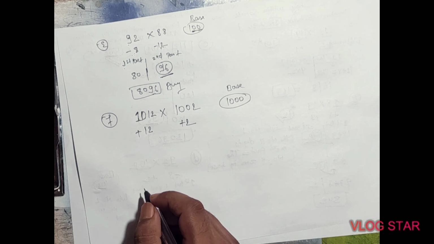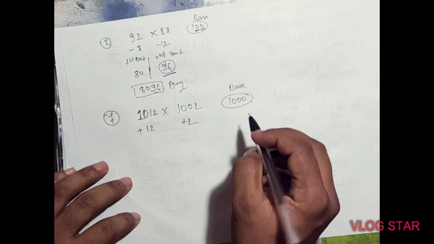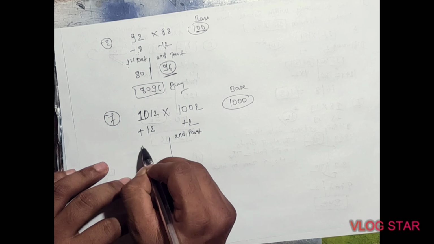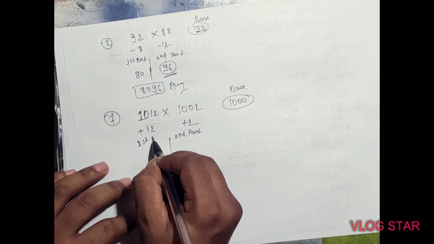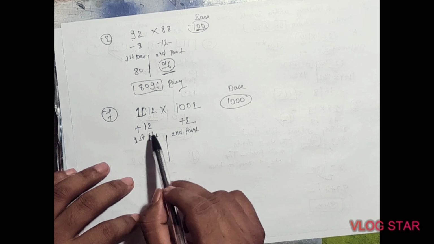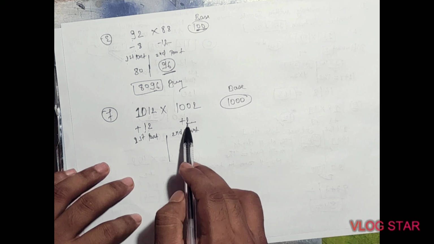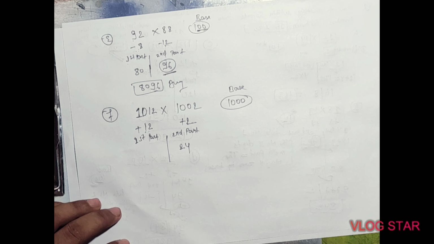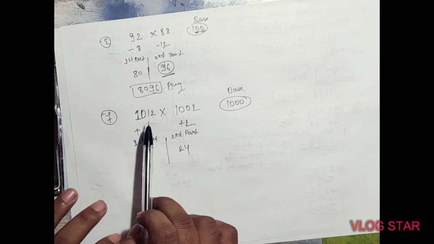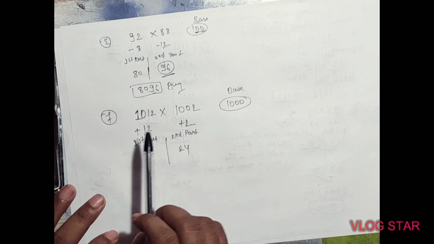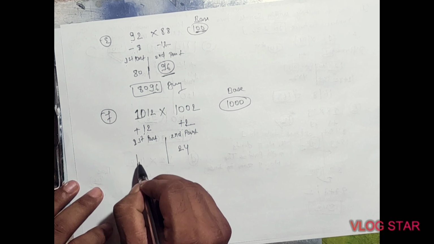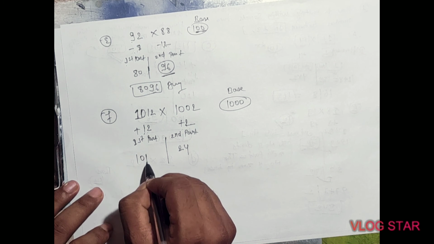Now what will you do? We will make again the second part here, first part here. Now multiply these two numbers, 12 and 2, we'll get 24. And for the first part, add up these two numbers, 1012 plus 2, or we can add 1002 plus 12, then we'll get 1014.